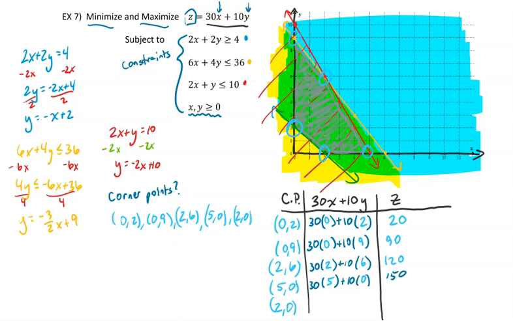This is going to get us 150. And then the last one, 30 times 2 plus 10 times 0. That one is going to get us 60.